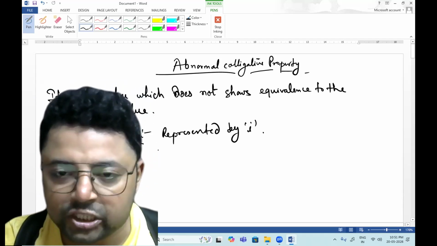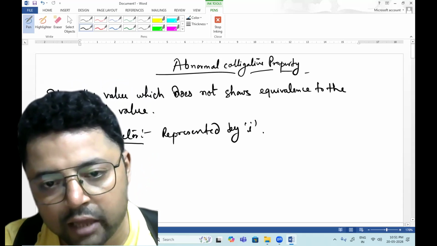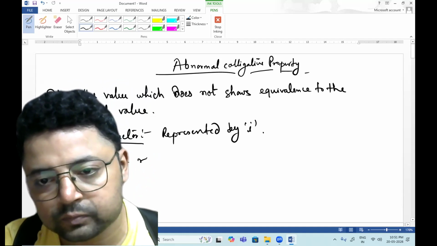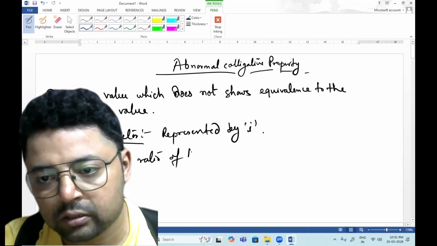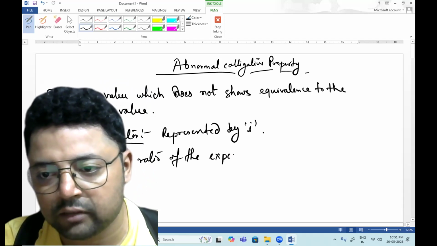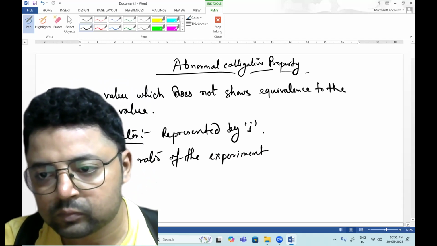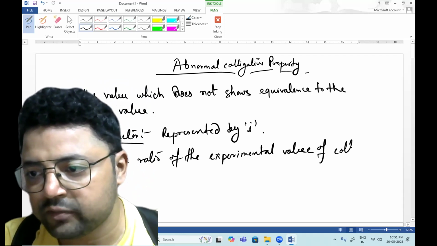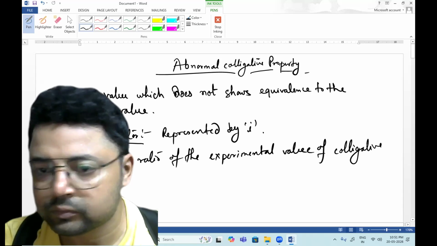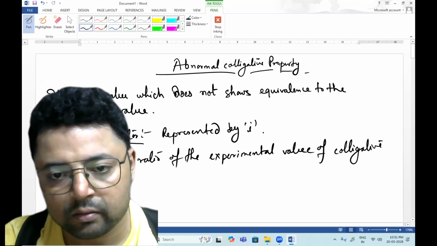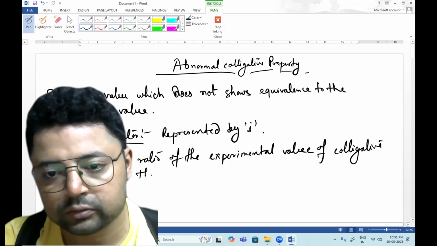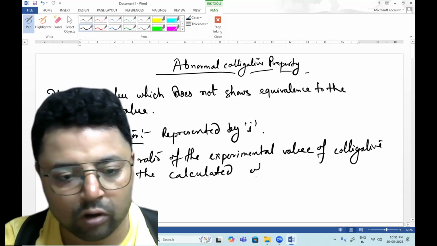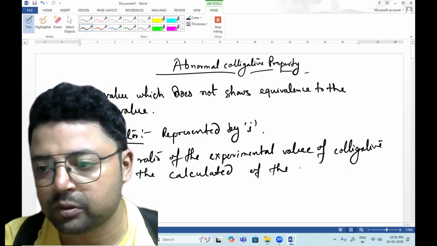It is the ratio of the experimental value of colligative properties to the calculated value of the colligative properties.